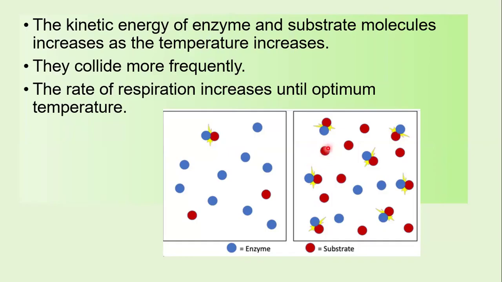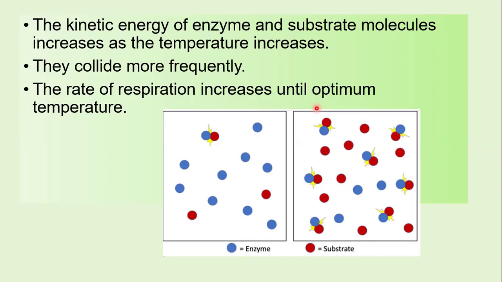So the rate of respiration increases when temperature increases until the temperature reaches the optimum temperature. You have to write these things in your answer, but you can't just stop at the optimum temperature. You have to write what would happen when we increase the temperature after the optimum temperature as well.